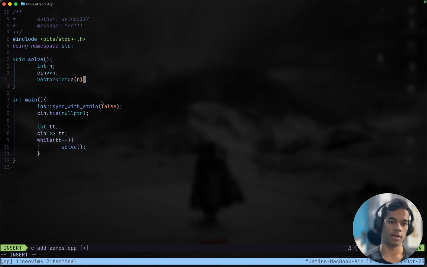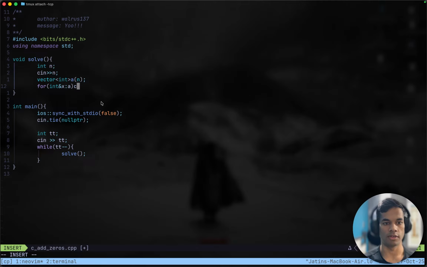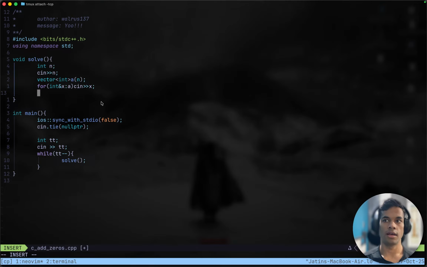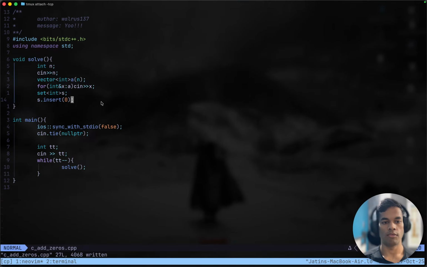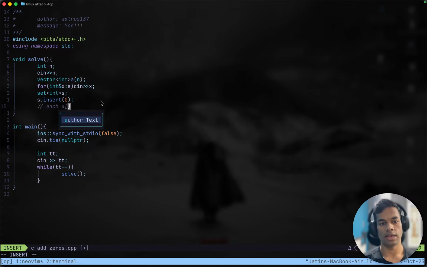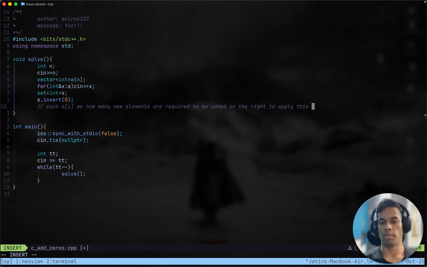Vector int a, size a, we'll take in all the numbers, reference x, a, c in x, and now we'll try to iterate from the right, and we will also have a set, set dot insert 0, and for each array element ai, we will ask how many new elements are required to be added on the right to apply this operation on the right.